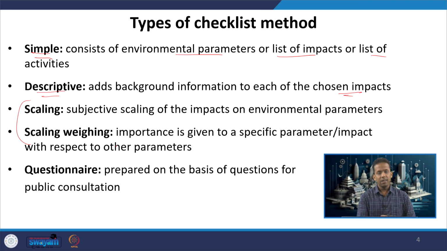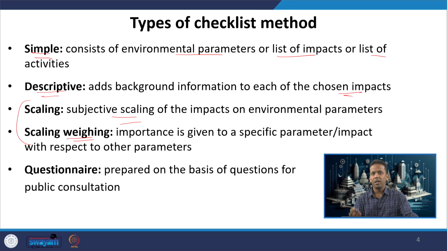Then scaling or weighing. It is like the simple checklist method, but there is a subjective scaling, or importance based ranking or rating of the impacts on the environmental parameters. In scaling we have just the rankings or some magnitude given, and weighing would be the importance given to that particular parameter or impact's magnitude with respect to other parameters.